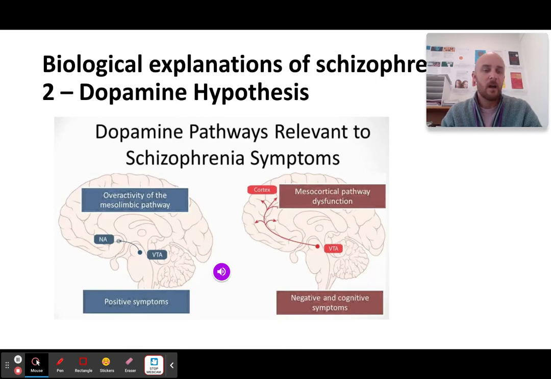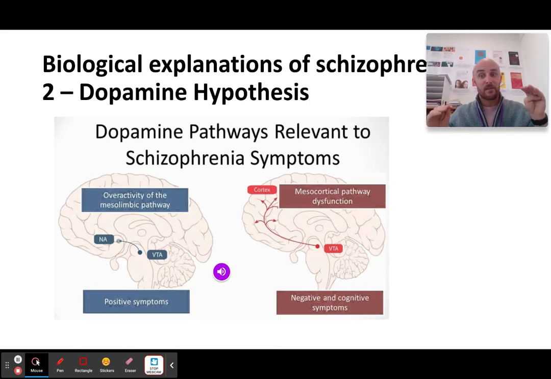positive symptoms are caused by an overactivity, so too much dopamine, in the mesolimbic pathway, whereas negative symptoms and cognitive symptoms appear to be an underactivity in the mesocortical pathway.